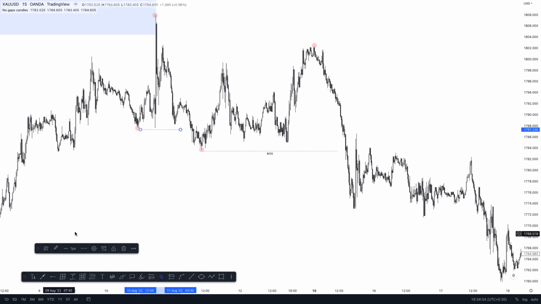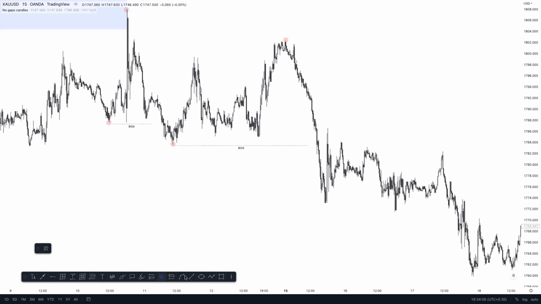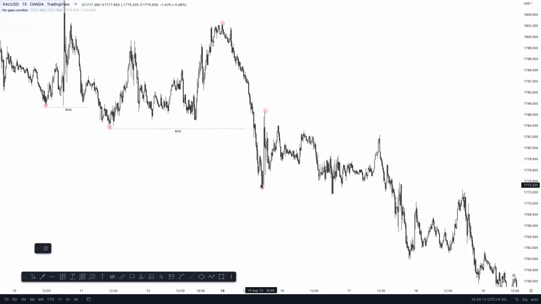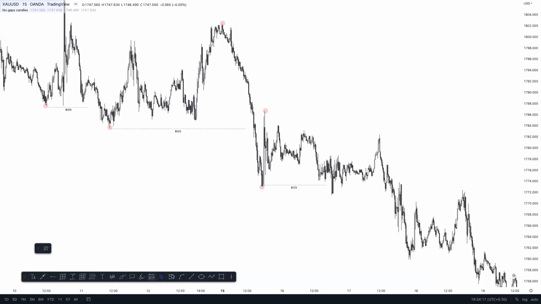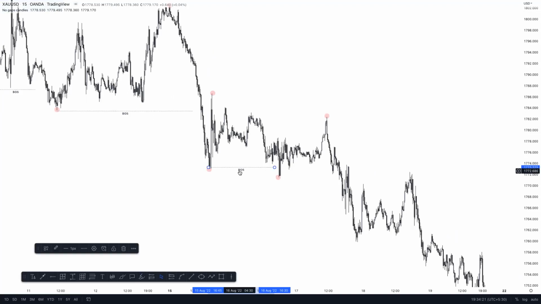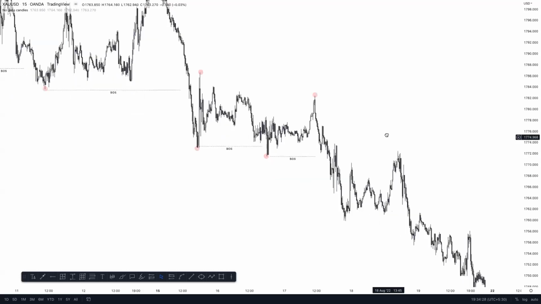This one is also a break of structure. Then what happened here? The market creates a new lower low here and a lower high here. And then what happened? The market again breaks the structure to the downside and creates a new lower low here, lower high. And again, the market breaks the structure here to the downside. The market is extremely bearish in the 15-minute structure, right?